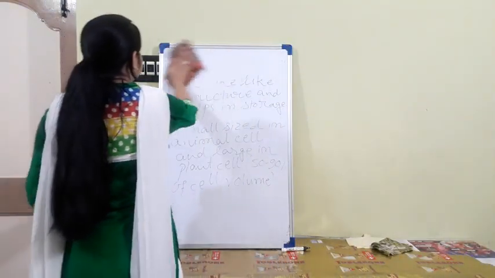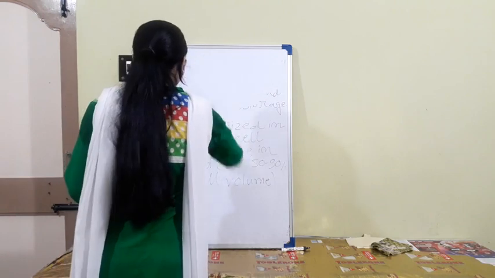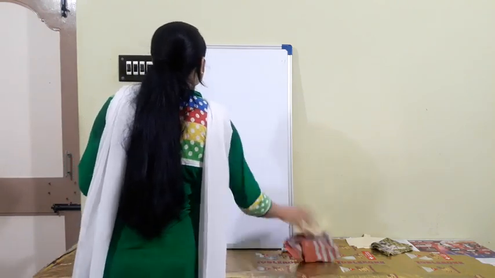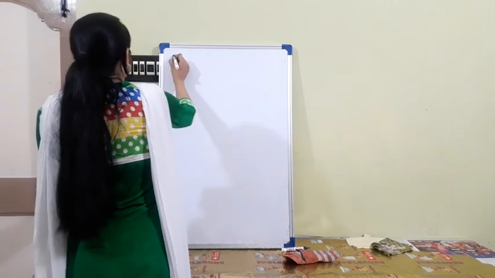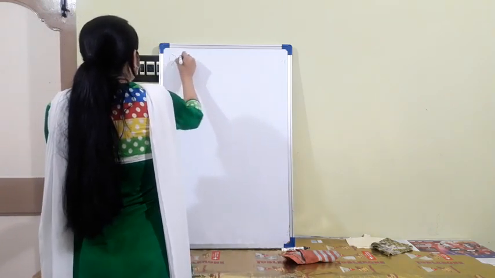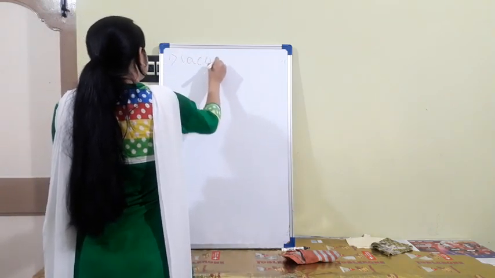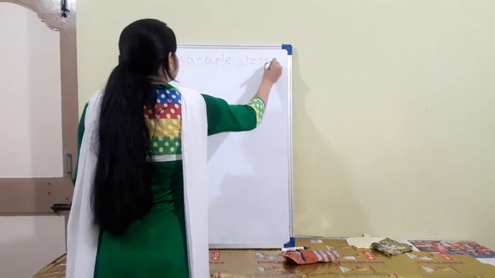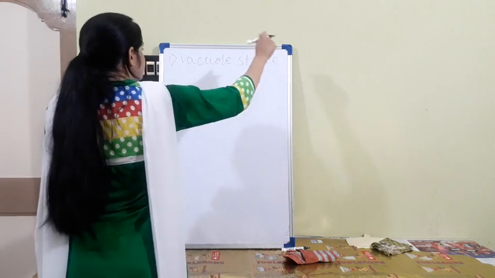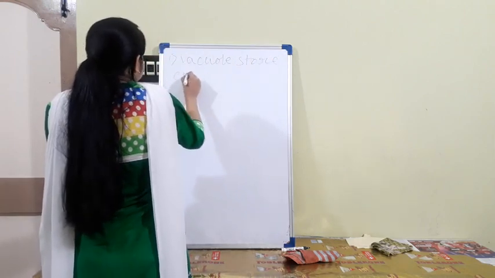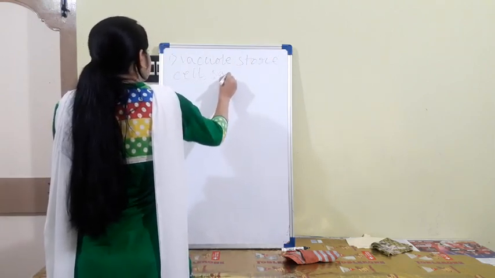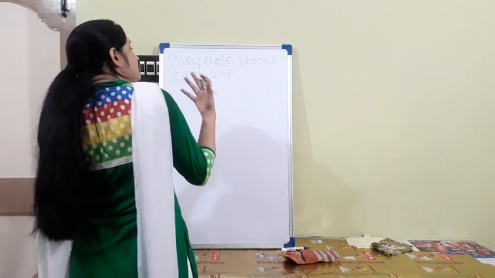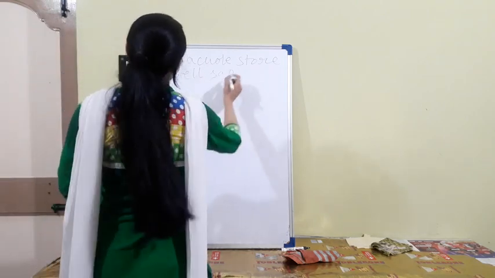Next, function of the vacuole. First one, vacuole stores cell sap. That is the liquid part. You can say cell sap, cell liquid, or cell cytoplasm, cell sap.